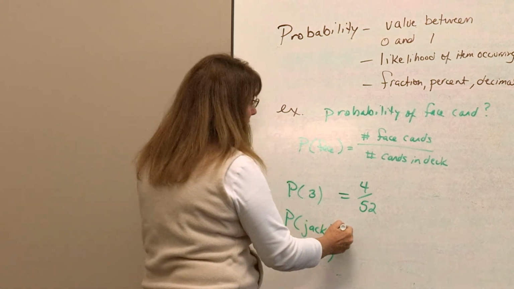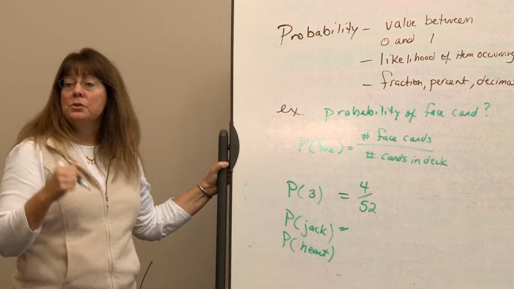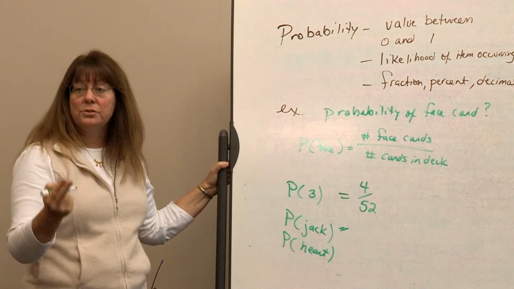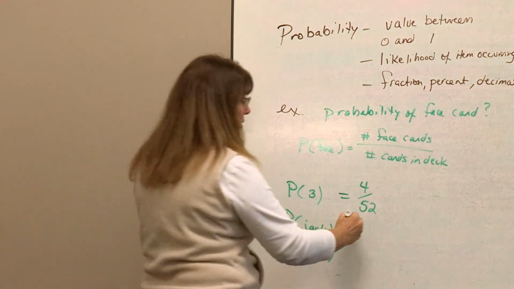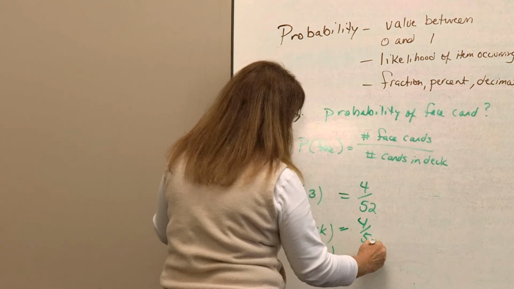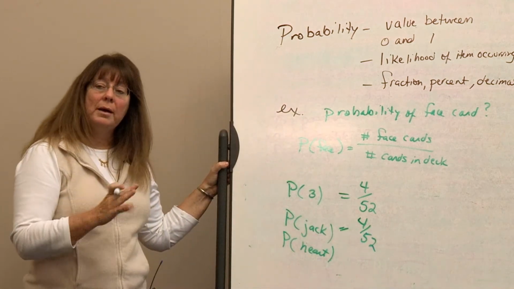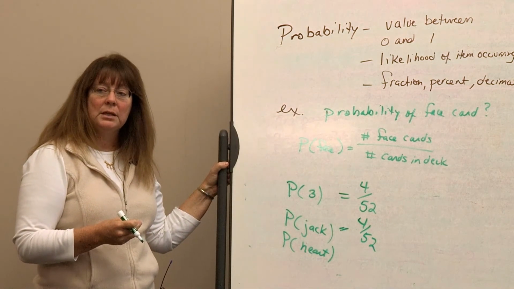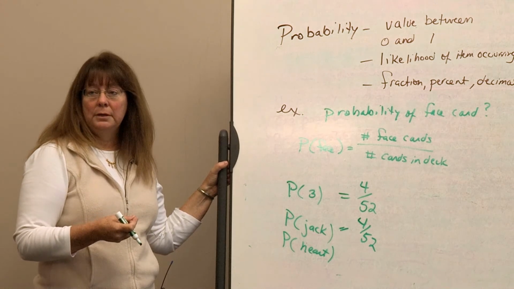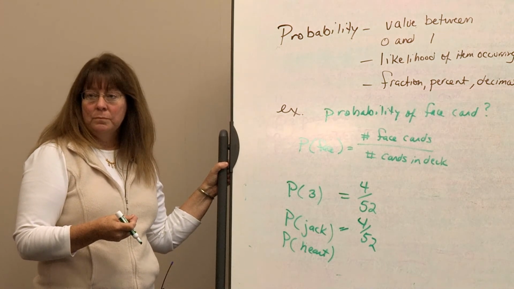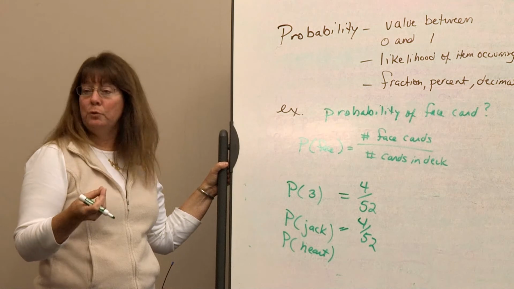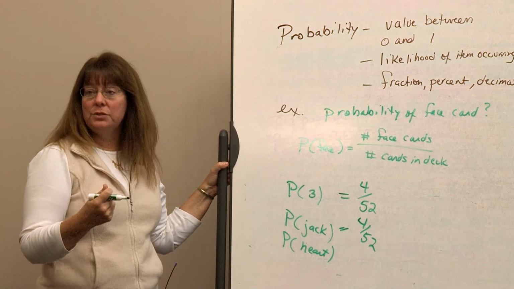Same idea for a jack. That's a single type of card. So you could have a jack of hearts, or the jack of spades, or the jack of diamonds, or jack of clubs. So there's 4 jacks and 52 cards. When you talk about suits, it gets a little different, because how many suits do we have? 4 suits, and one of those suits is hearts.